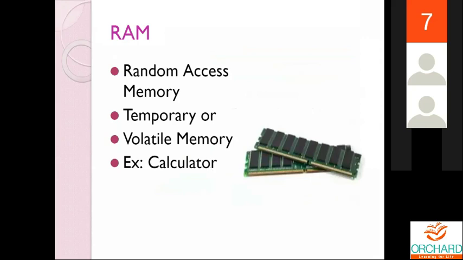It is a temporary memory or volatile memory, because the information stored in this memory is lost when you turn off the computer or the power goes off. For example, a calculator. The calculator can store the information only till the calculator is on. The moment you turn off the calculator, all the data will disappear. So we can say calculator is the best example.